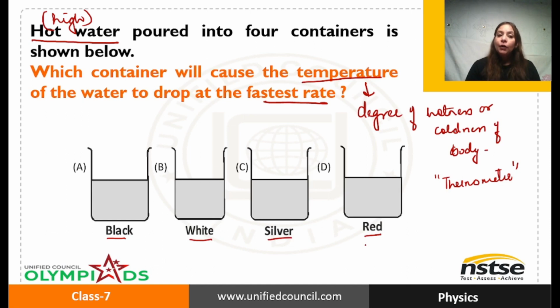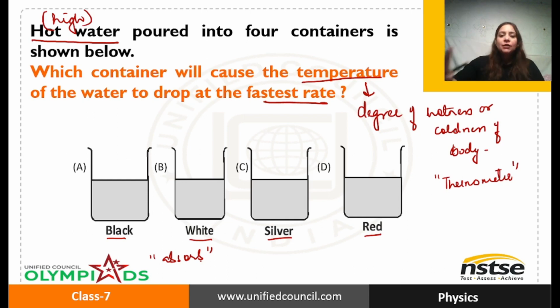Now let me tell you how these colors are related to temperature. You must have heard that people say don't wear black clothes during summers because you feel more hot. Why do they say that? The reason being, black is that color which absorbs all the radiations falling on it.